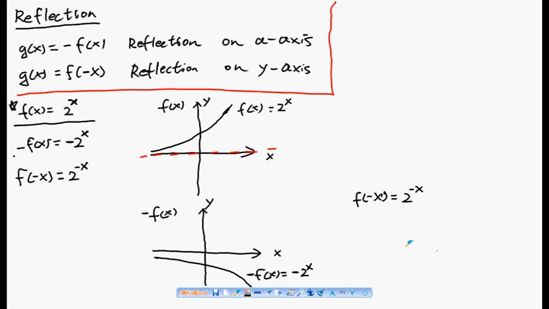It would become something like this, with x and y. It would look something like that, because if we reflect it on the y-axis, the asymptote in both cases should be the same. If we reflect the asymptote, they are the same.